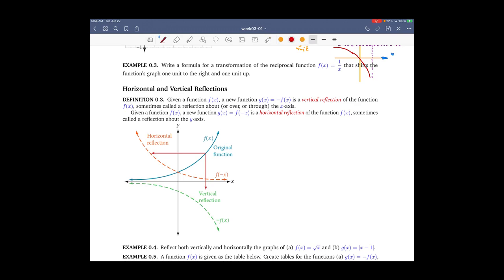Let's see why. Let's say this point on the graph of f is a comma b. I claim that the point with coordinates a comma negative b will be on the graph of negative f of x.